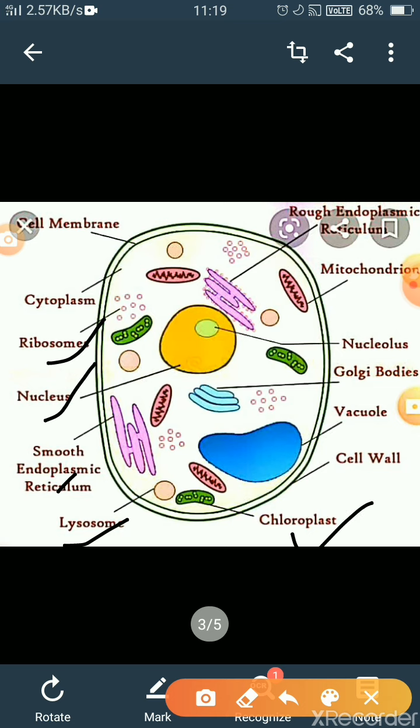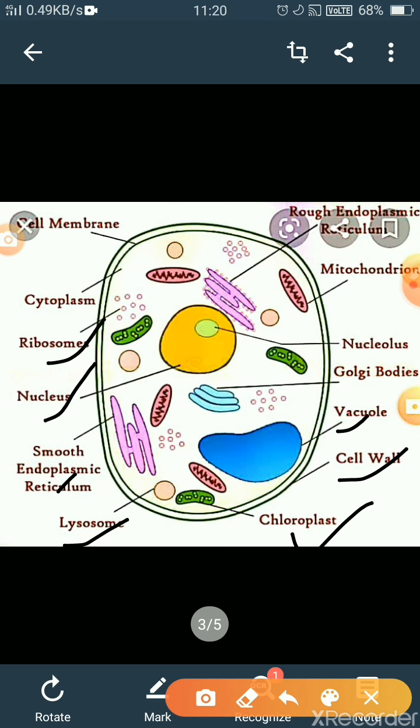Chloroplast is the green colored pigment, because of the presence of chlorophyll. Cell wall is the outer wall. Vacuoles are clear spaces in the cell cytoplasm. They are present in plant cells and also in animal cells.